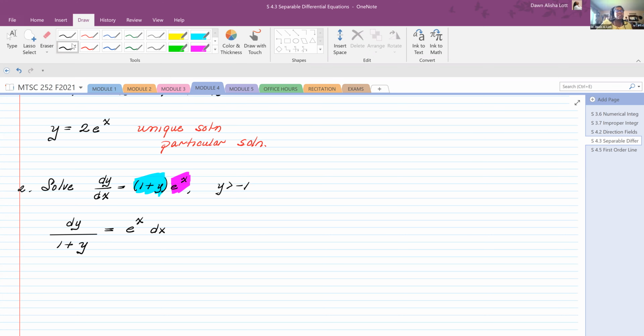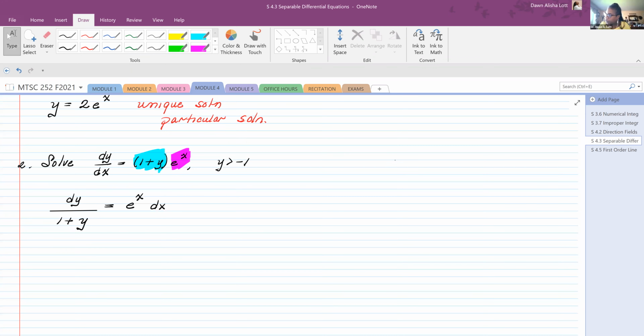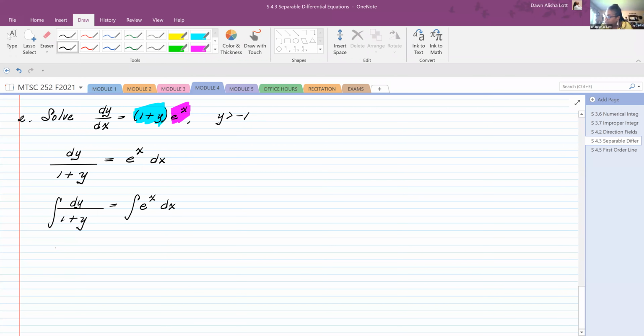Okay, the left-hand side integrates to, so now I get the integral of dy over 1 plus y is equal to the integral of e to the x dx. So when I integrate the left-hand side, I get the log of 1 plus y.